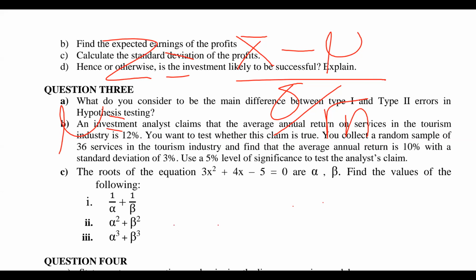So 12% is our mu, our population mean. So 0.12 is the mu, whereas n is the sample size. How large is our sample size? 36.